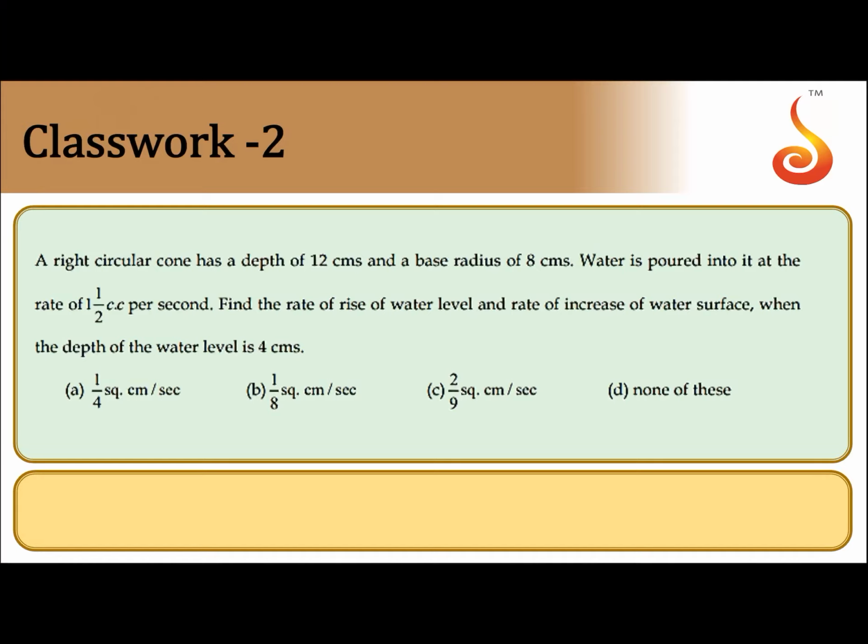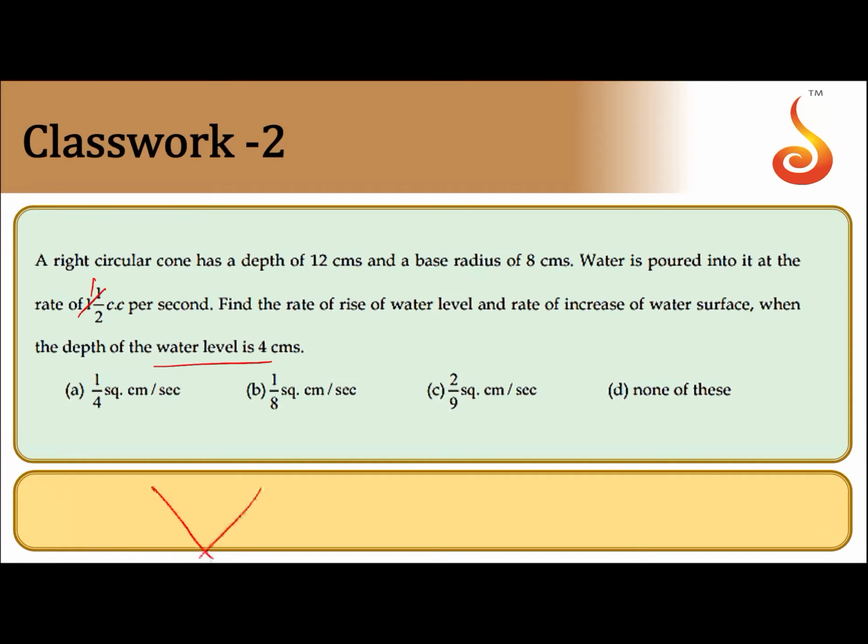A right circular cone has a depth of 12 centimeter and the base radius is 8 centimeter. Water is poured into it at the rate of, I hope it is half, it's not 1.5, half cc per second. Find the rate of rise of the water surface when the depth of the water level is equal to 4.